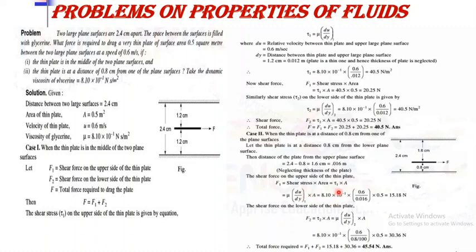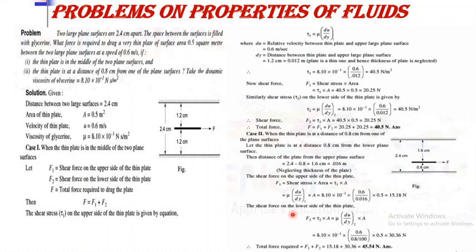Velocity is 0.6, again the velocity is same, and distance dy, that is top distance, it is 1.6 centimeter, that is 0.016 meter, into area of the thin plate, that is 0.5. So directly we get the value of top force, that is 15.18 Newton, or you can calculate separately the value of shear stress, and from that you can calculate the top force.